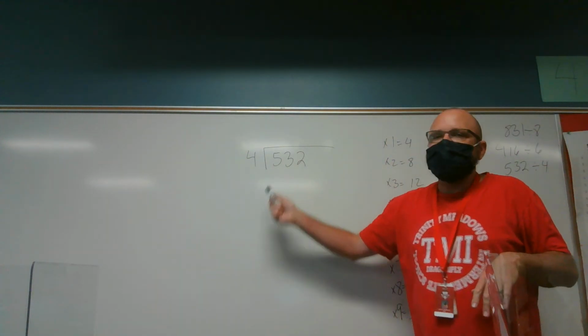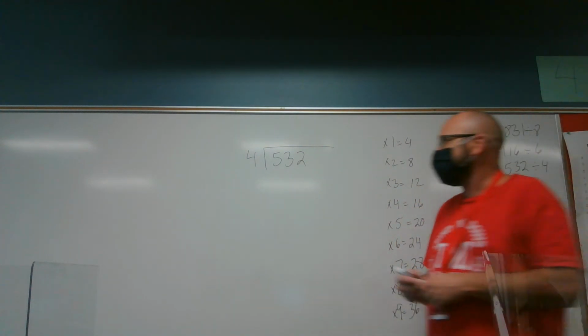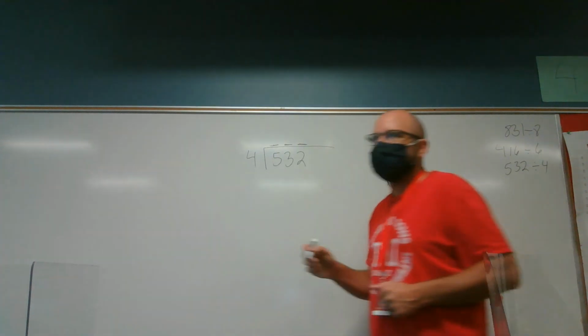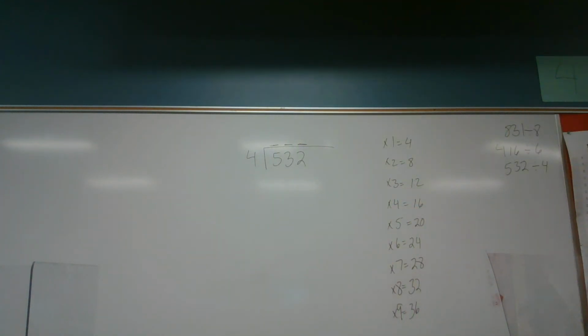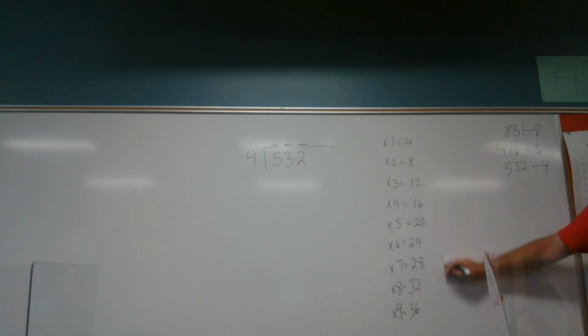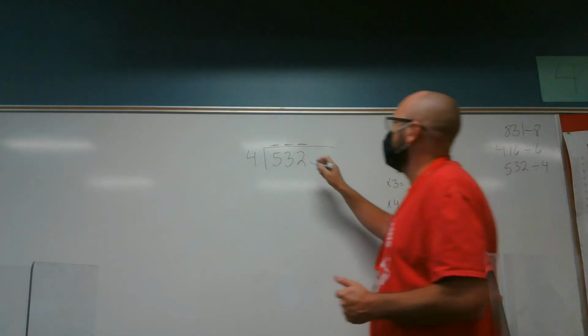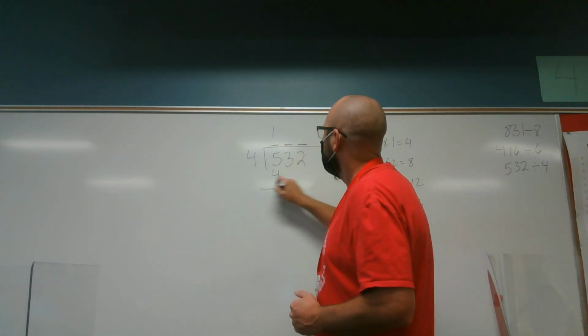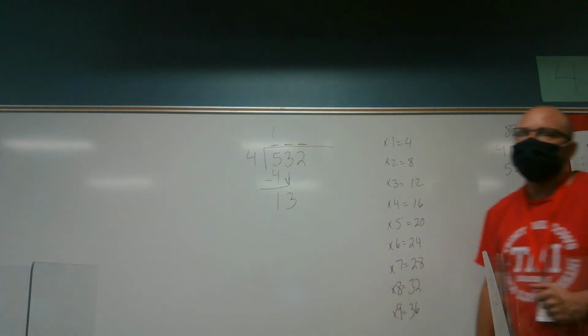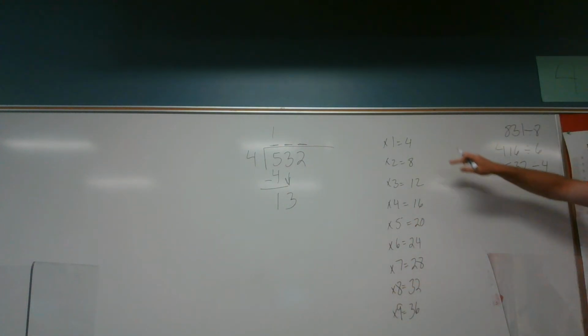So is 5 going to be able to go into 4? You mean 4 goes into 5? Yes. 1 time. Which means I have a 3-digit quotient. Now I got to figure out how many times. I look at my multiples. It goes in 1 time, because 1 times 4 is 4. Then I subtract. Now I need to take 4 into 13.